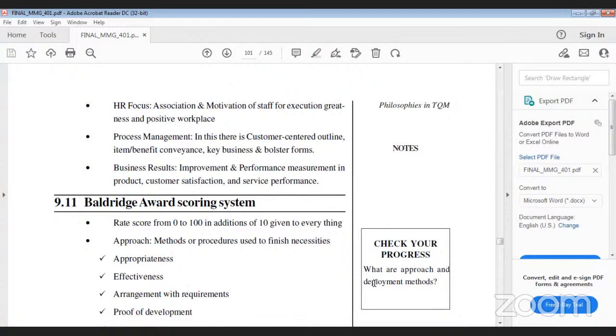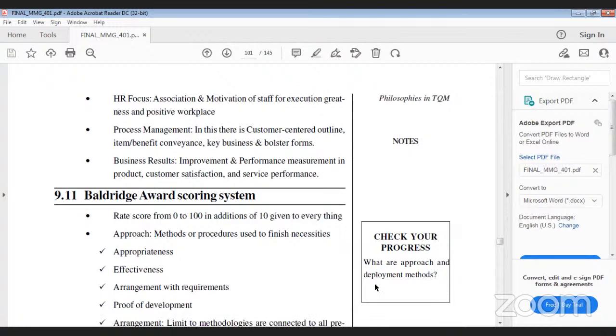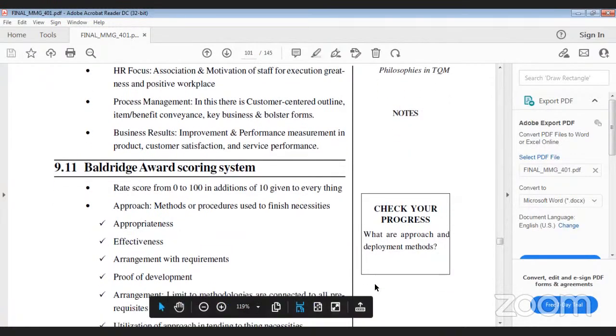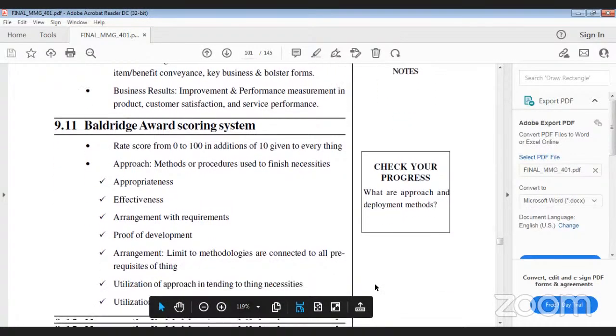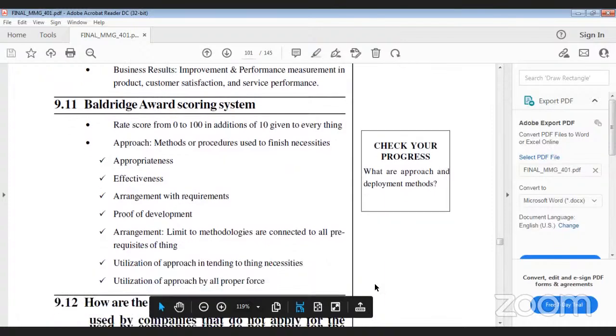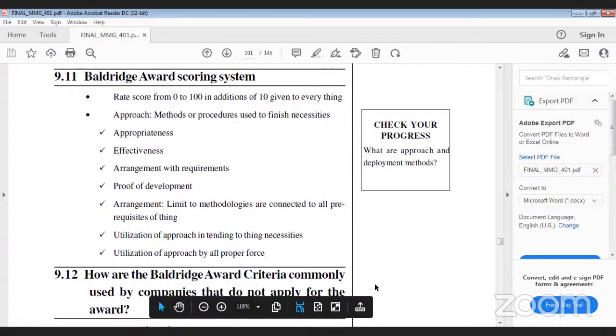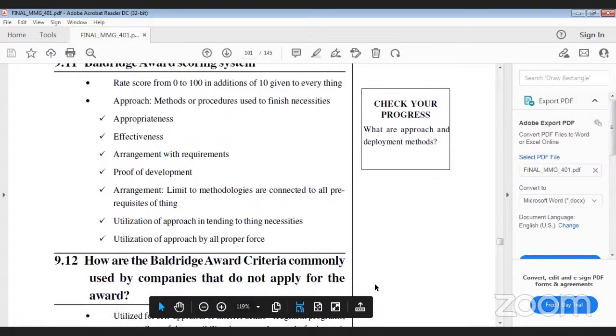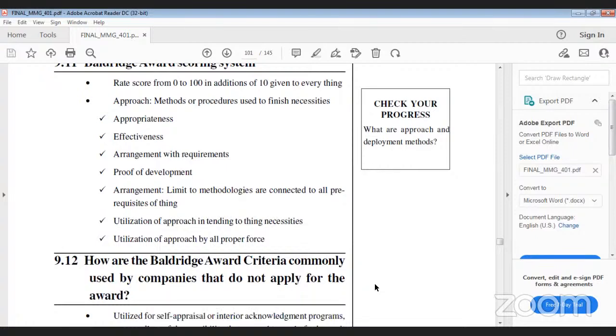First one is appropriateness, second effectiveness, third arrangement, fourth proof of development, fifth arrangement limit to methodology and connected to all prerequisites of the things. Next is utilization of approach intending to these necessities. And last one is utilization of approach by all proper courses.